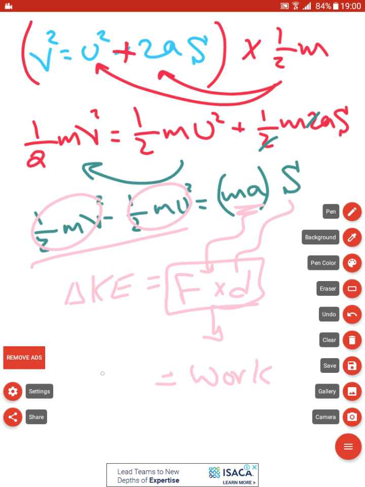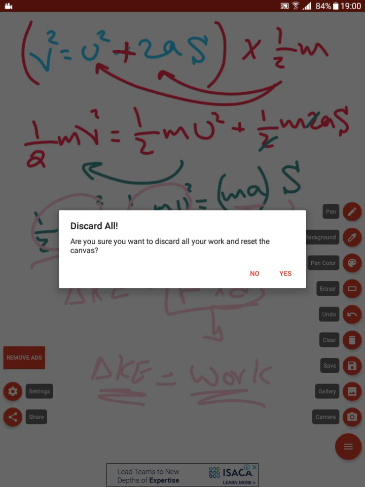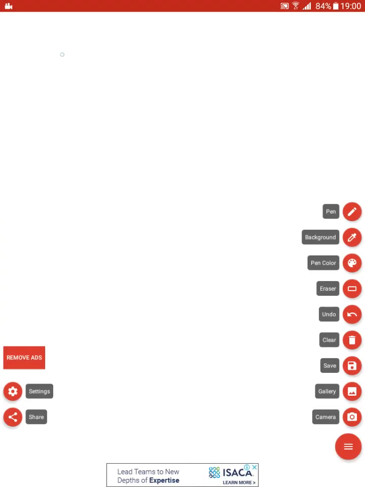So work is another form of kinetic energy, or any object that has kinetic energy can do work. On another side, if we have an object and we move it upward, the work done equals force multiplied by distance.